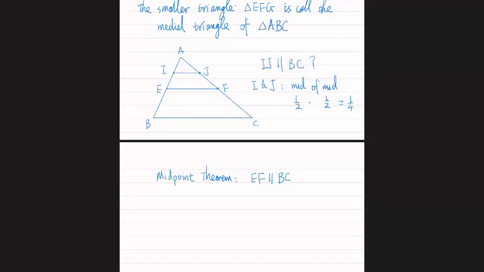Now we consider the smaller triangles. Let's apply the midpoint theorem to this one. We apply the midpoint theorem to ABC. Then we apply the midpoint theorem to AEF. What can we conclude from there?